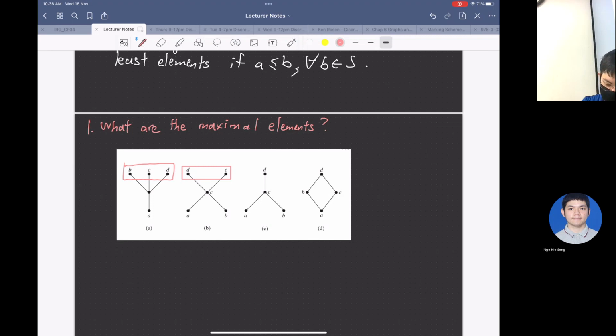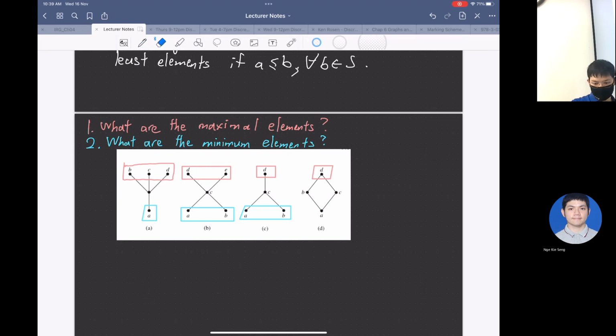How about C? D, nothing greater than it. How about the minimal ones? Minimal means nothing is smaller than it. So this is the minimal.